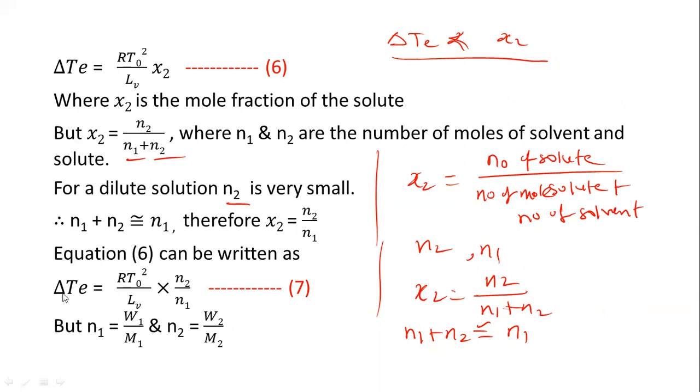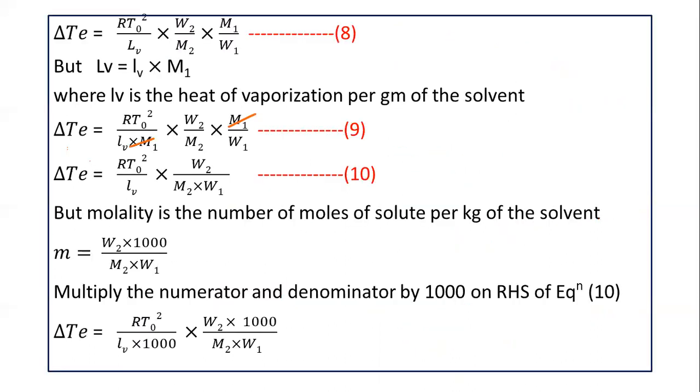So put that delta T equal to RT0 square upon capital LV into N2 upon N1. Now N1 is W1 upon M1, and N2 is W2 upon M2. So we can substitute these values into this equation. Now capital LV is equal to heat of vaporization per gram multiplied by molecular weight of the solvent, so we can put this capital LV here.